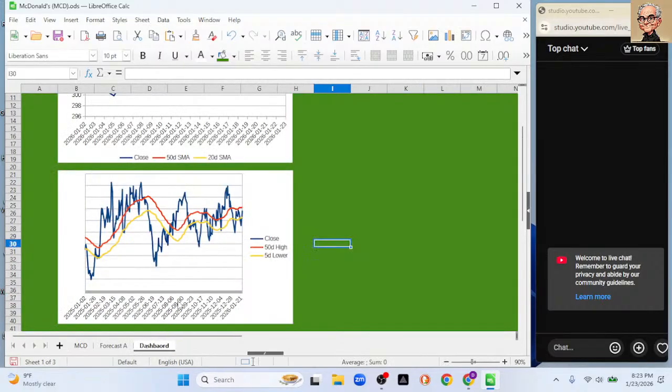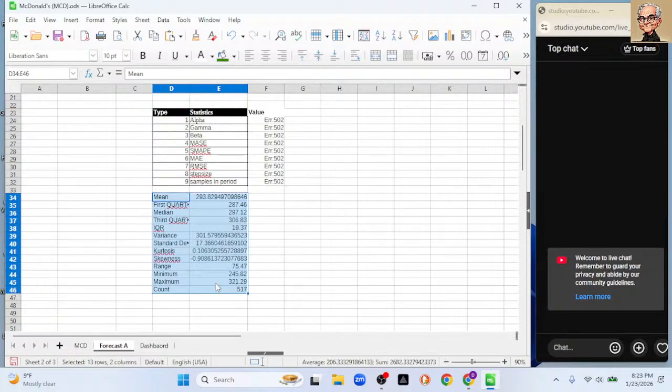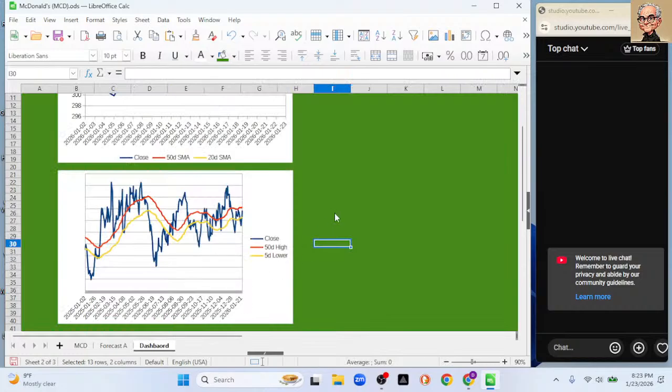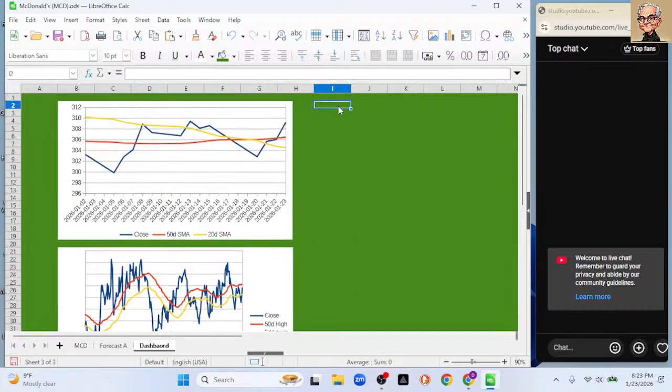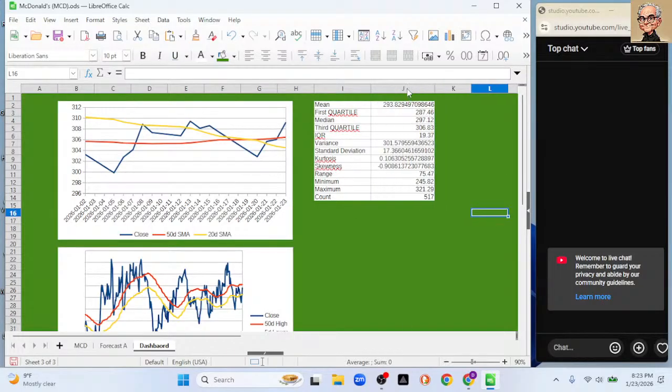Okay. So, we got some statistics here. Let's move these over to our dashboard also. All right. And these are some basic statistics. So the average selling price is closes 293.